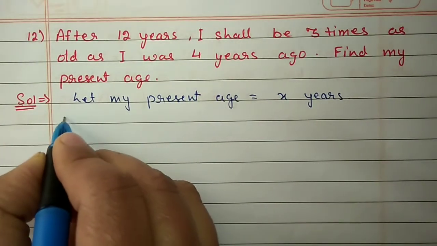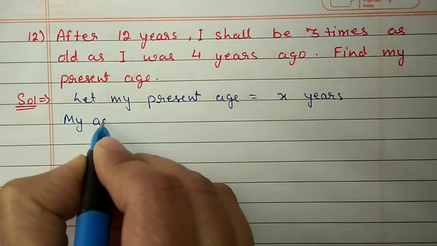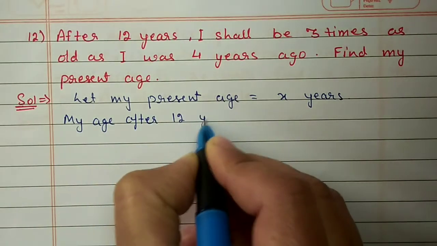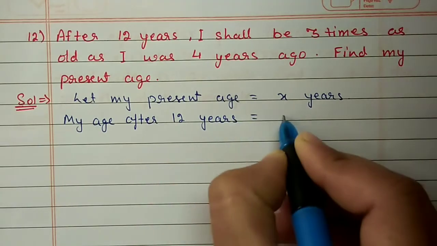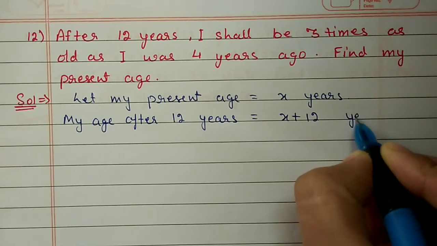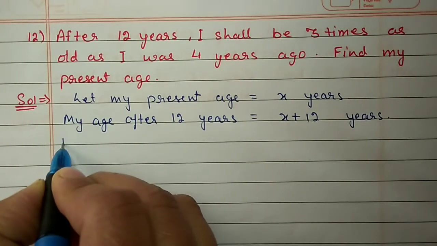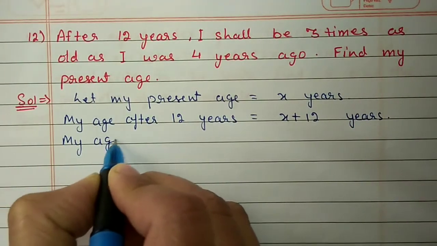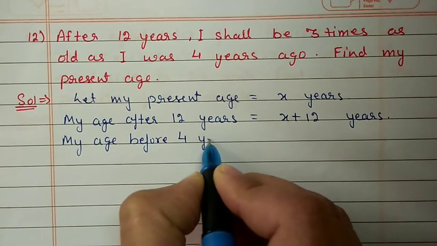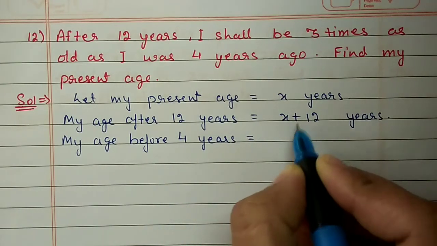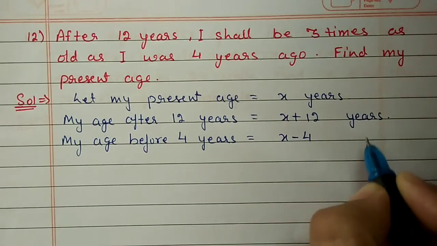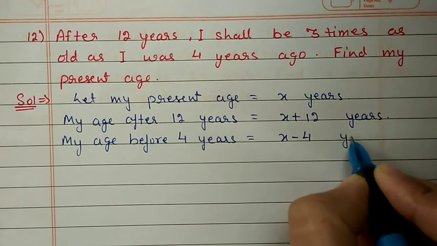So my age after 12 years, after 12 years means we have to add 12 to present age, x plus 12 years, and age before 4 years. So when we are going into the past, we have to subtract. So present age is x and before 4 years means from the present age we will remove 4 years.